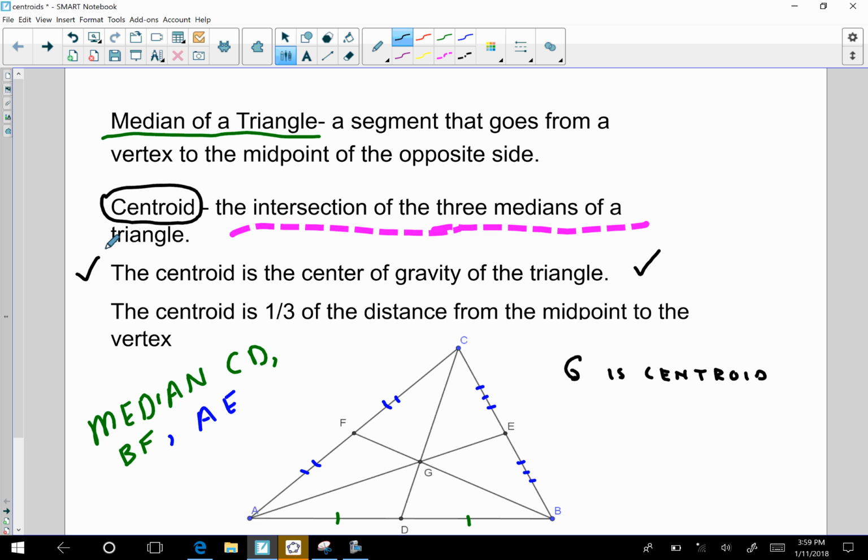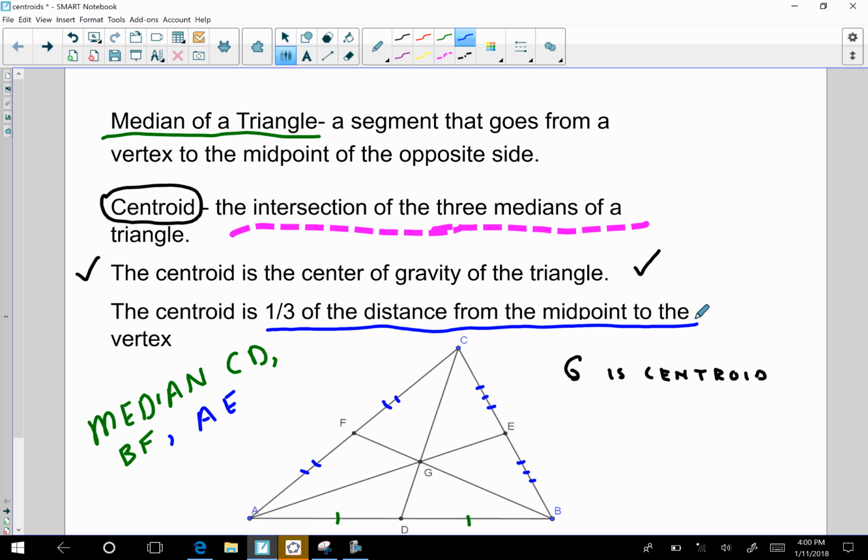The new property of the centroid is that the centroid is 1/3 the distance from the midpoint to the vertex. So let's investigate what this statement means.